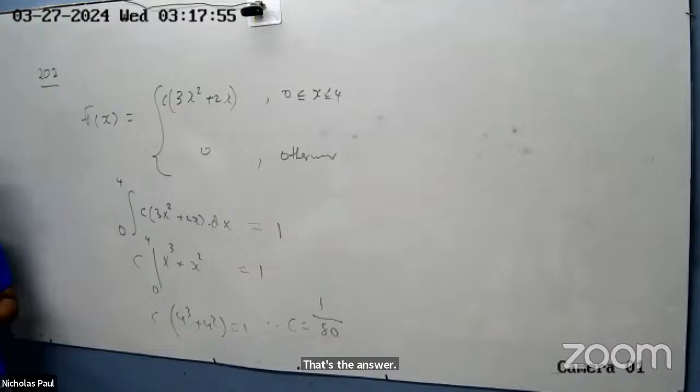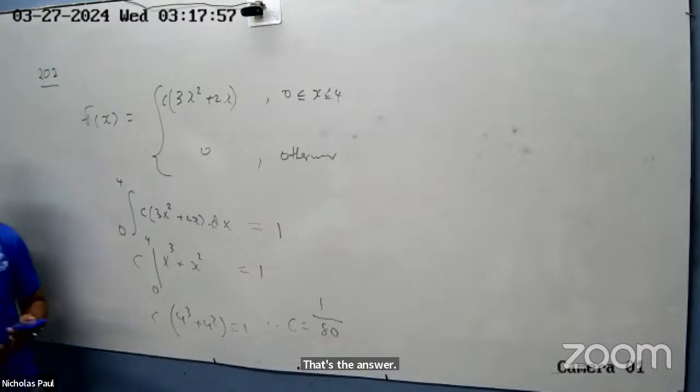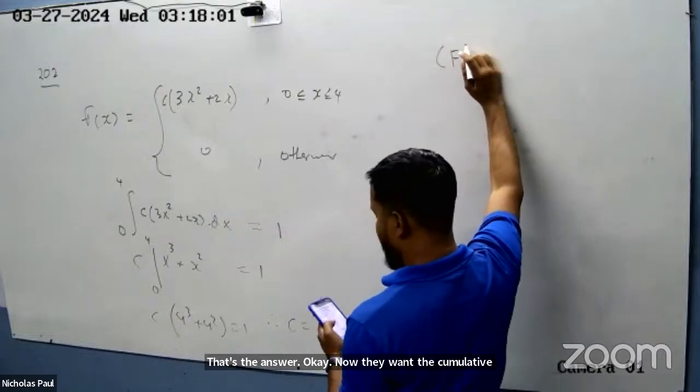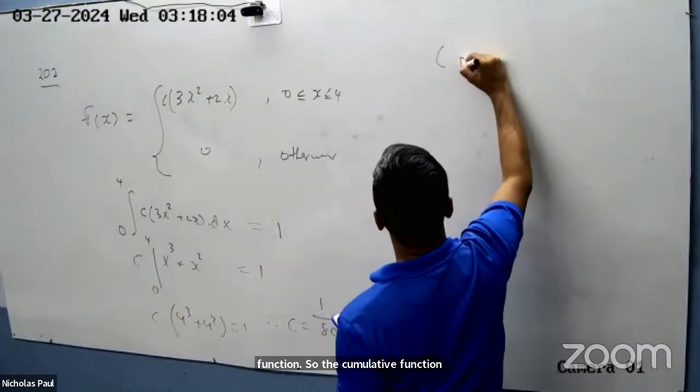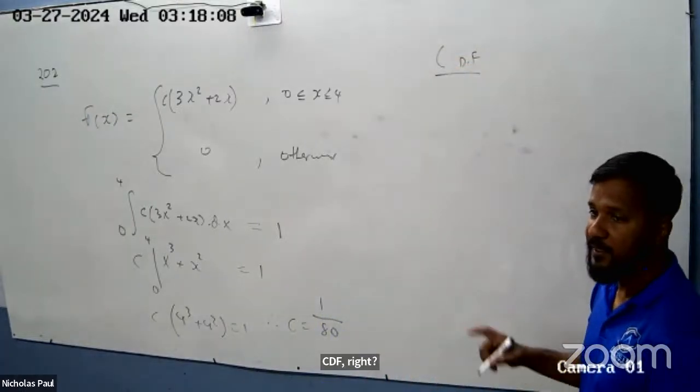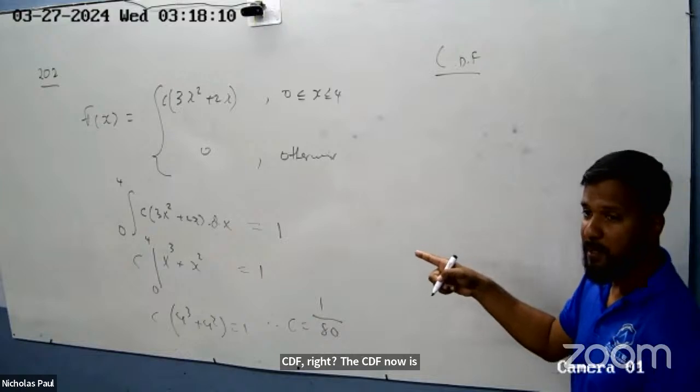So you've got to be able to integrate. Now they want the cumulative function, the CDF. The CDF is the integral of the PDF.